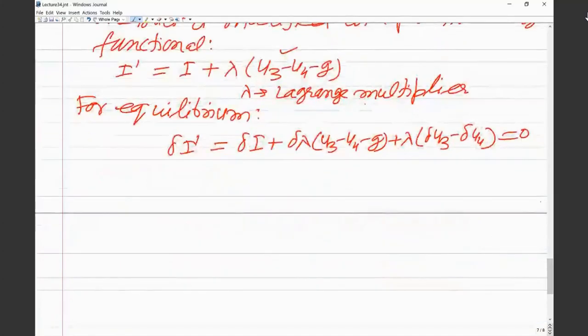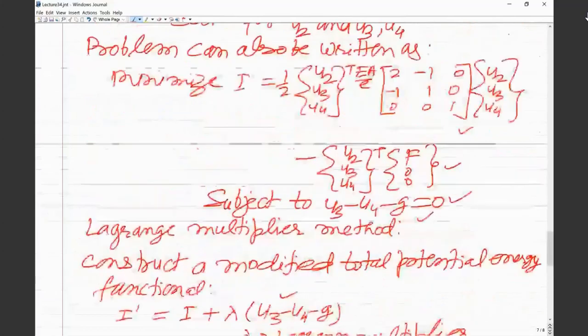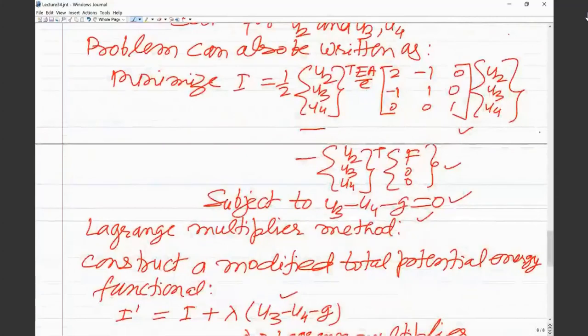Now if you look at delta I, you already know how to take delta I. For the second part I have already written, and for the first part, what you have is half will go, and then you will have delta of u2 u3 u4 transpose EA by L, and this whole stiffness matrix into u2 u3 u4, and on this side delta of u2 u3 u4 transpose f 0 0.